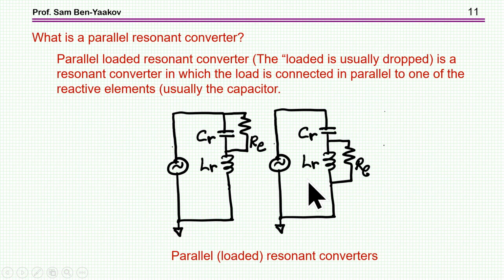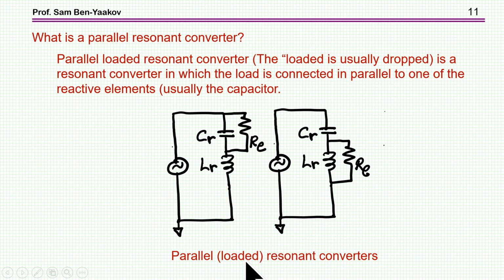The point is that there is a misconception here, and not recognizing the literature and what is already accepted and used for many, many years: this configuration of a resonant converter, in which you have the R sub E in parallel to the capacitor or the inductor, is called a parallel resonant converter.